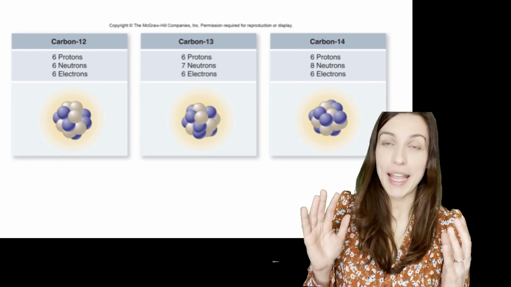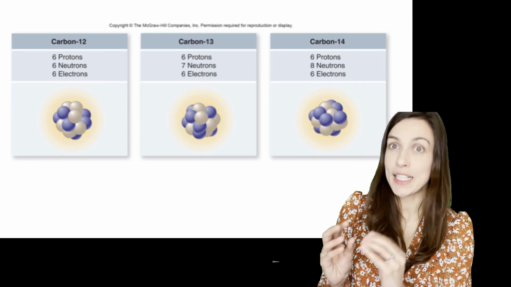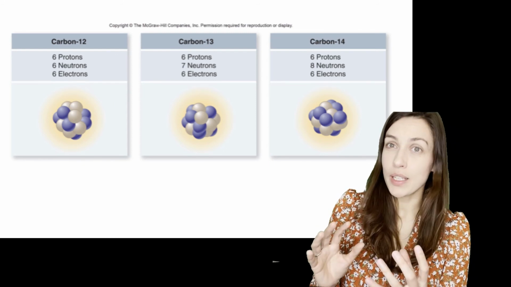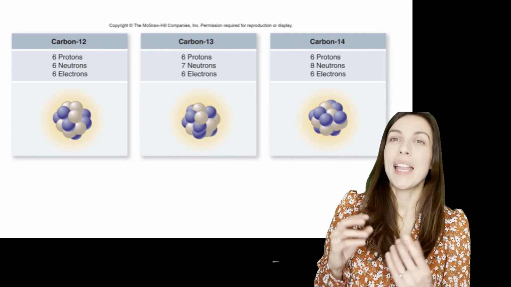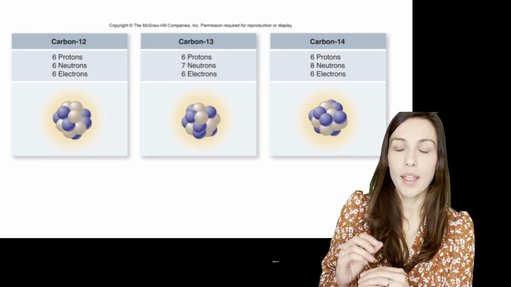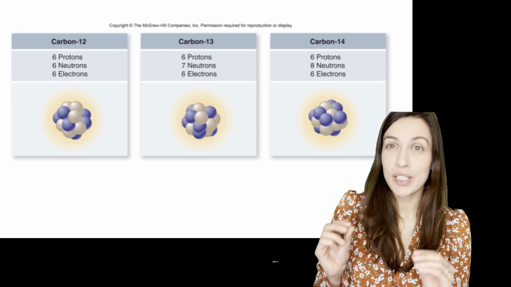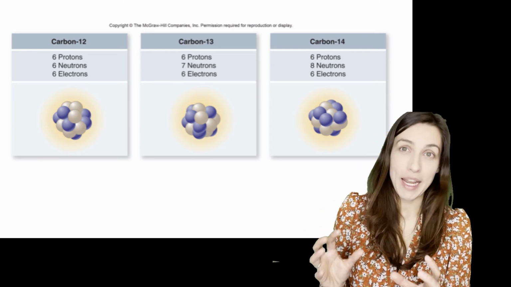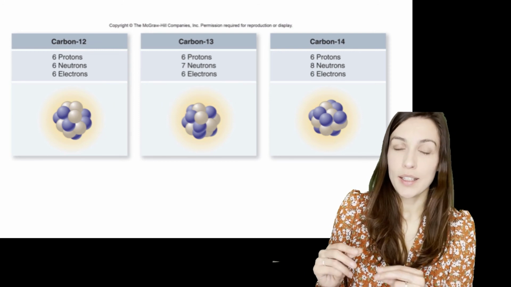All carbon atoms in nature have 6 protons. That's what makes it a carbon atom. And most of the time, they also have 6 neutrons and even 6 electrons, but we will not talk about electrons for now. However, a small fraction that is predictable and calculatable of all carbon atoms in the universe actually have 7 neutrons.